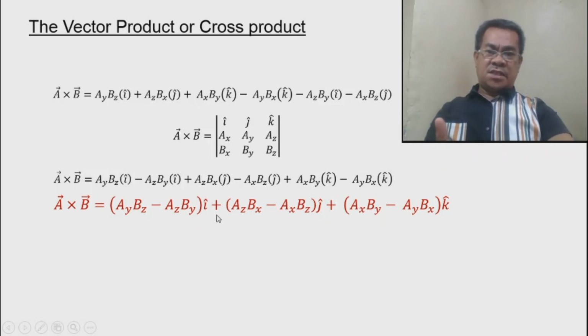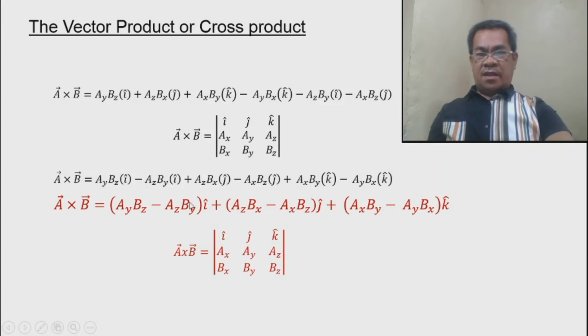I think this is the simplest way to calculate. So if you evaluate the determinants, you can do it this way. Look at this one. First, take note that this is already the answer because this is I hat, J hat, and K hat. So the first term of your answer for A cross B will be this one, which is positive: AY BZ. Then the reverse must be this one.